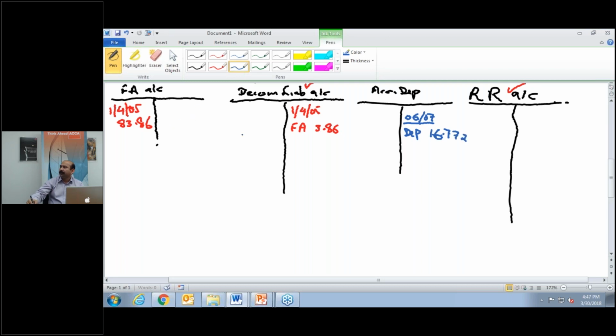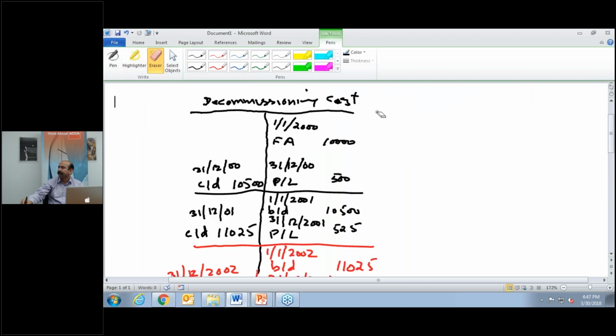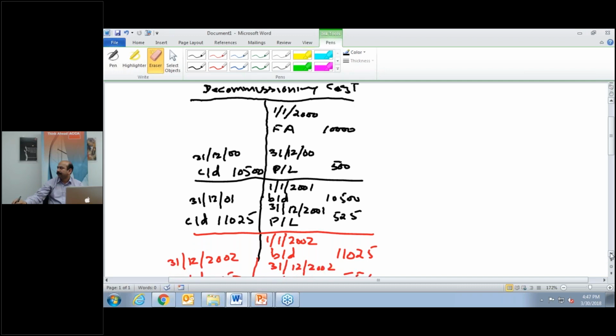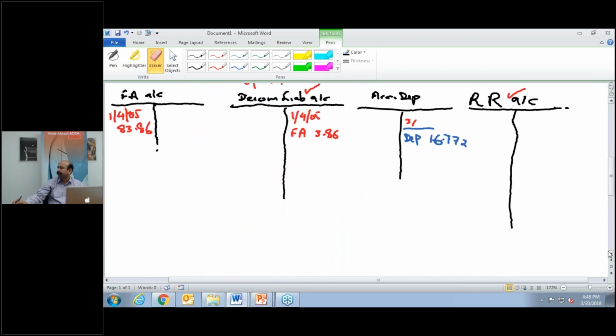Let me write here the exact date. On 31st March 2007, this was the accumulated depreciation.